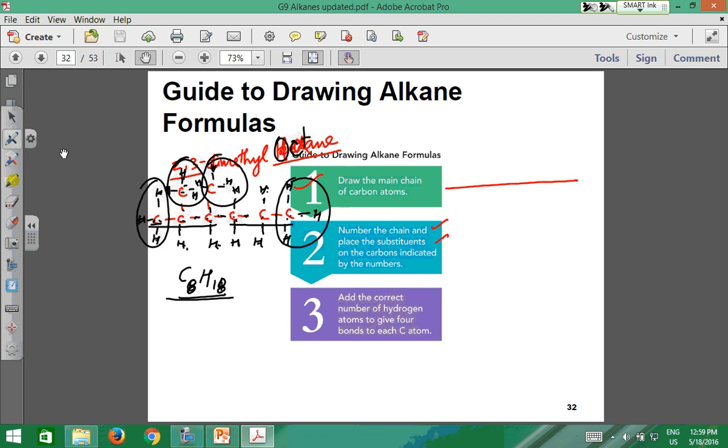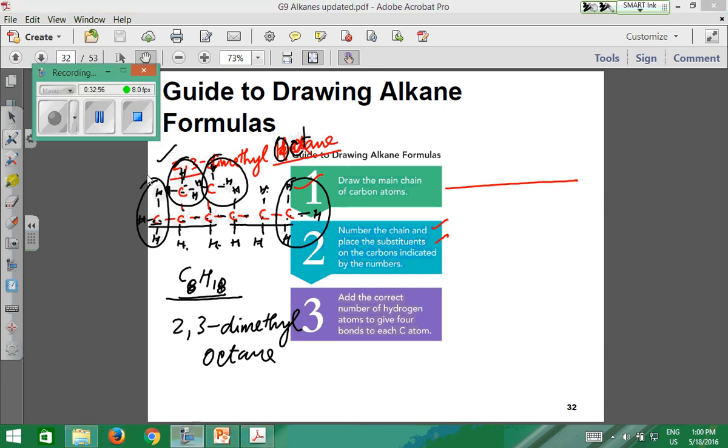Exactly like this. So the name of this will be, as I have told earlier, 2, 3 dimethyl octane. This is the name. This is the method of naming, how to name the organic compound.